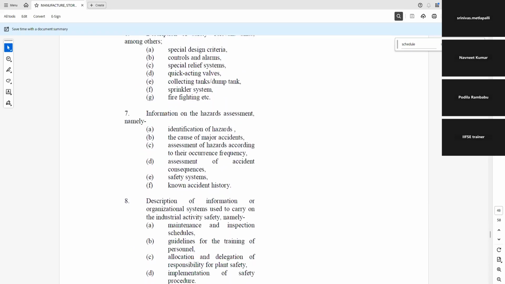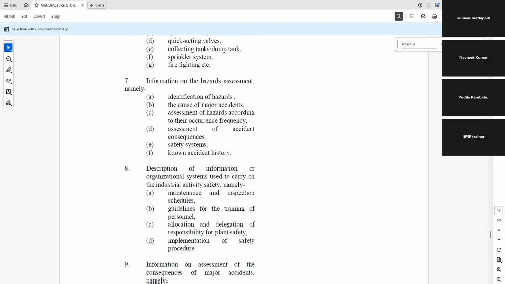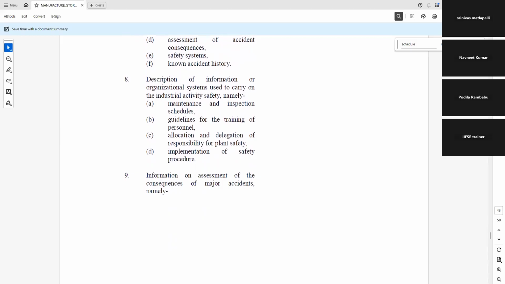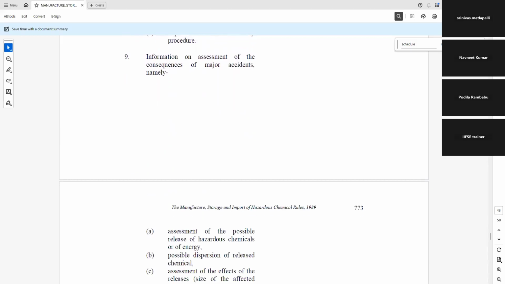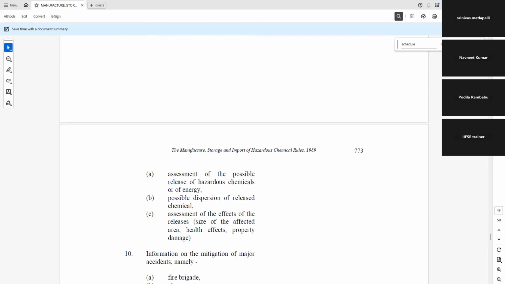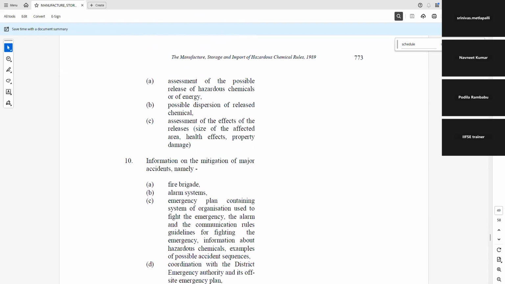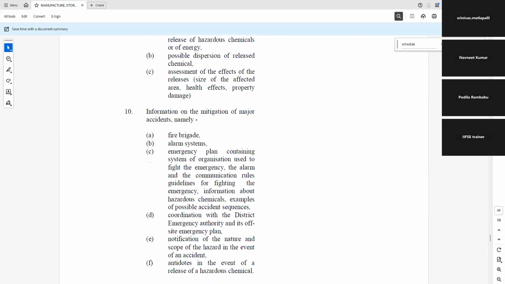Then you'll have information on hazard assessments, whether you have done any hazard assessment, identification of hazards or the causes for that, etc. Then you'll have information on mitigation of major accidents: fire brigade system, alarm systems, emergency systems, district coordination system, district emergency authority, and how notification will be provided.